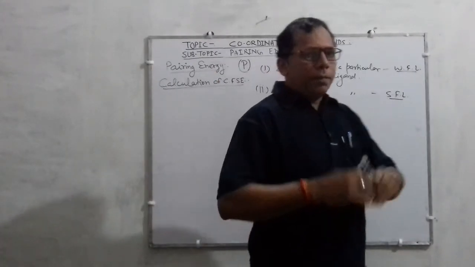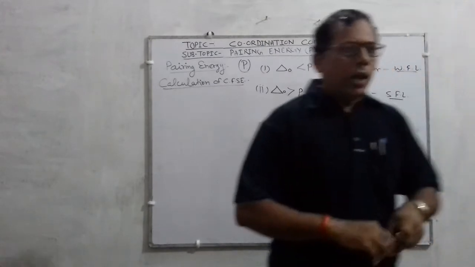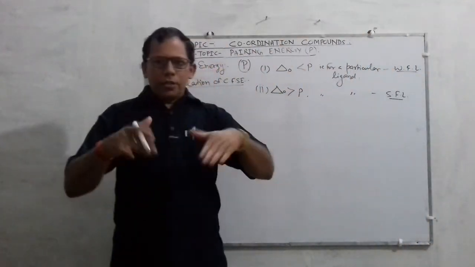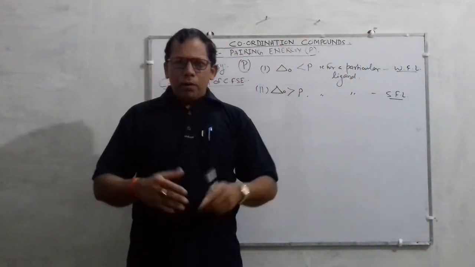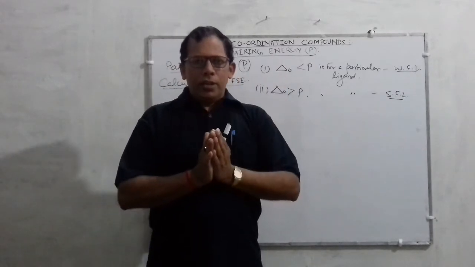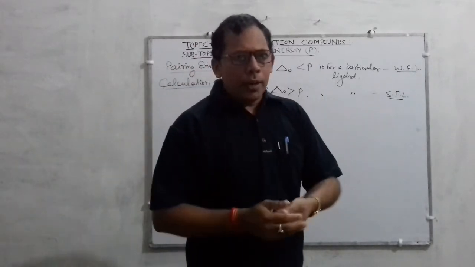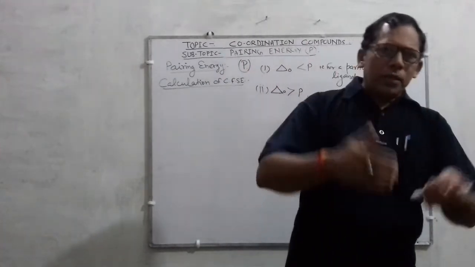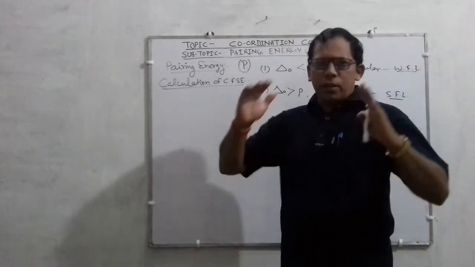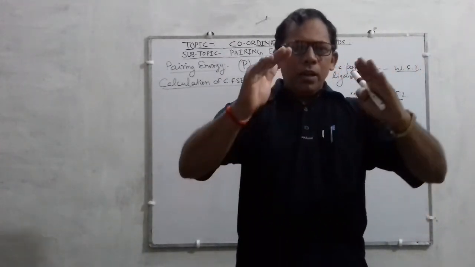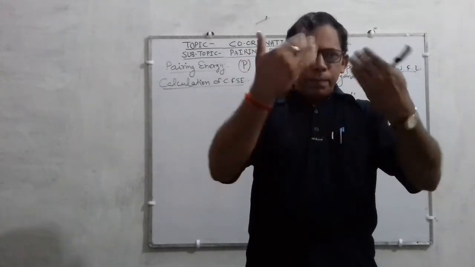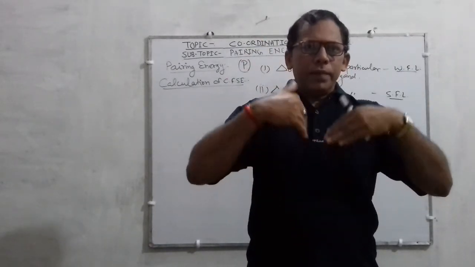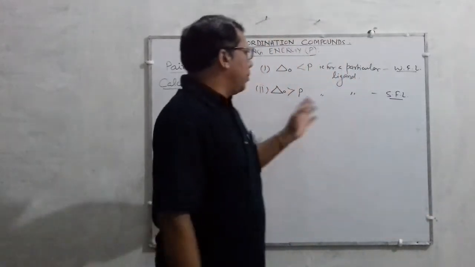And the concept of weak field and strong field I have already discussed in detail in the spectrochemical series, which is the arrangement of ligands in the order of increasing field strength, or in the order of increasing crystal field splitting energy.